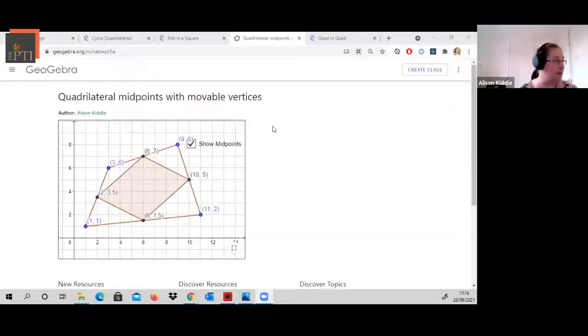So what I'm going to do is share my screen and show the GeoGebra version of it. This is exactly the same as Charlie's diagram. And I can turn the midpoints on and off to show the parallelogram. So instead of having specific coordinates, I could start specifying these coordinates as general things.